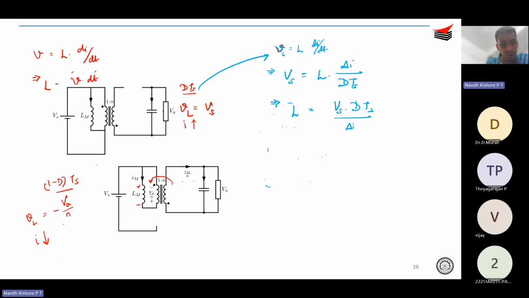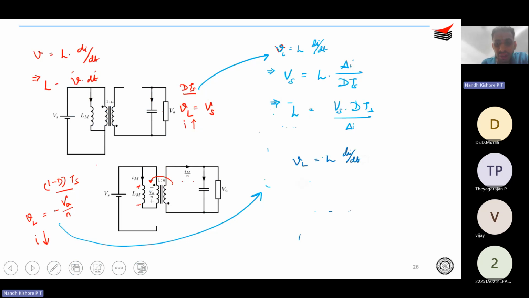Or you can also do it during this other interval, wherein you end up with again VL is equal to L into di by dt. So this is a rising interval and this is a falling interval, obviously, correct? So VL is equal to minus Vo by N is equal to L into minus delta I, because the current is falling, divided by the time period, which is the (1 minus D) period.